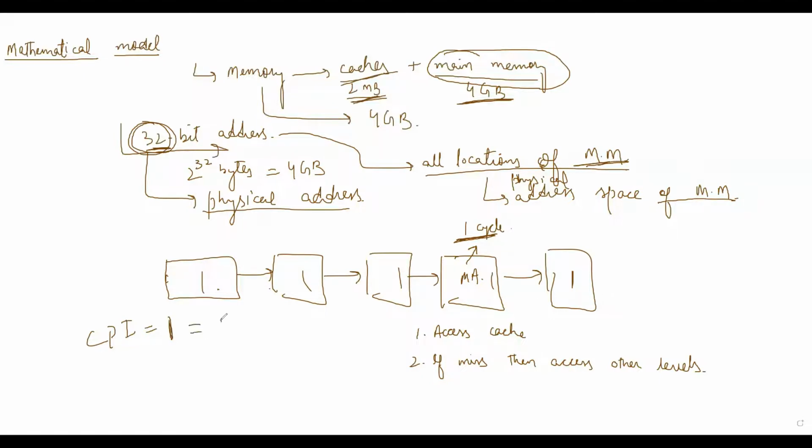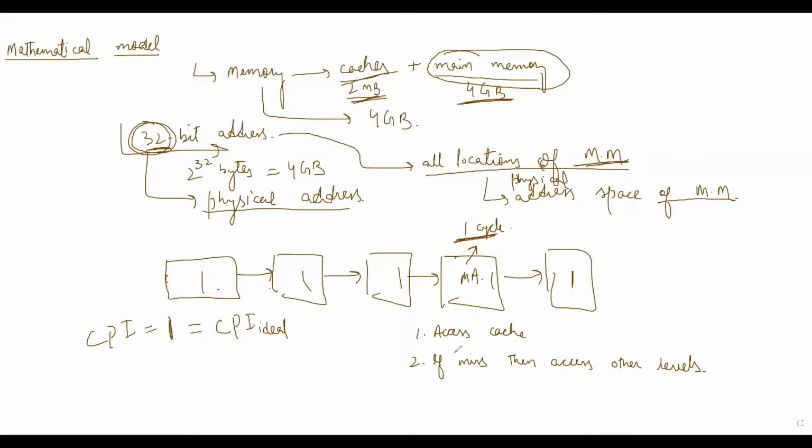And this is also called CPI ideal. CPI ideal means that there is no penalty, there is no bubble, everything is uniform. In that case, CPI ideal is equal to 1.